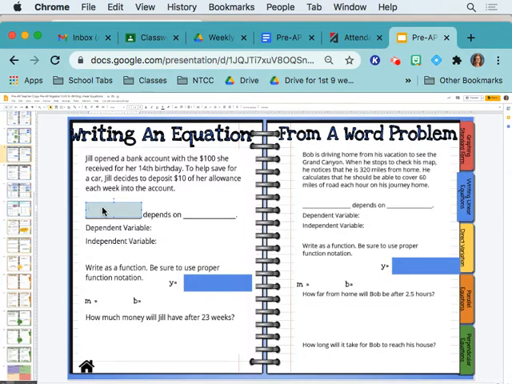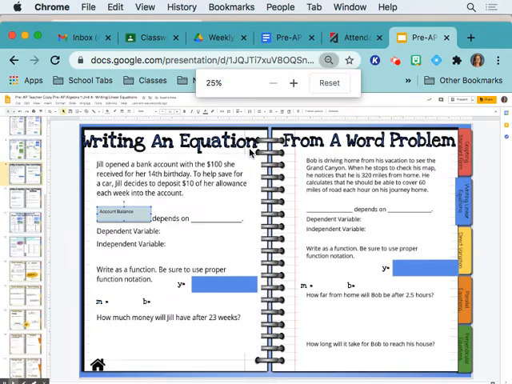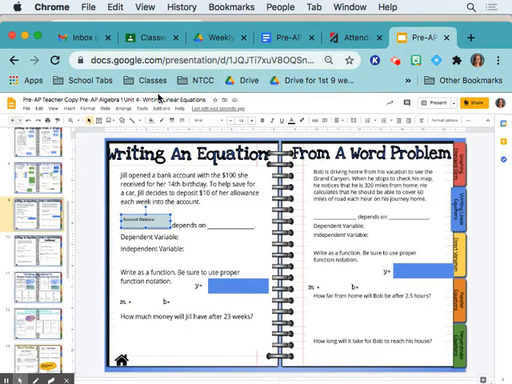So what depends on what? It'd be, let's see, account balance. Account balance depends on number of weeks.